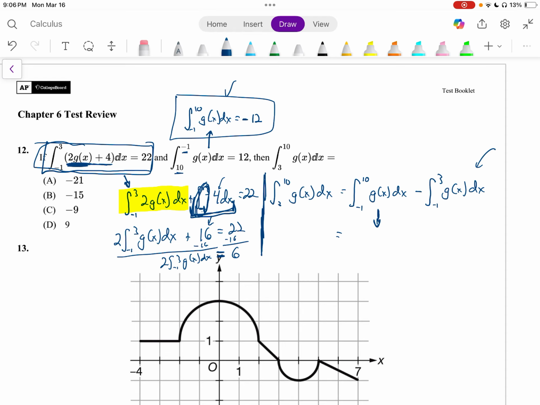Divide by 2, and we know that this is equal to 3. So dividing by 2, you'll get 3 here. So we have -12 minus 3 is going to be our value. So it is going to equal -15, which is right here.